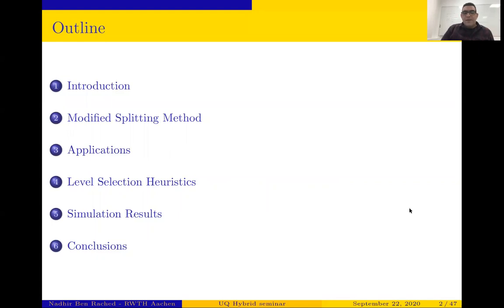In the third part, we show various applications of the proposed approach, and we focus mainly on applications from the performance analysis of wireless communication systems. In the fourth part, I will talk about two heuristics to determine the time where splitting is performed, and before concluding, some simulation results will be shown, and the comparison with some of the existing estimators will be presented.